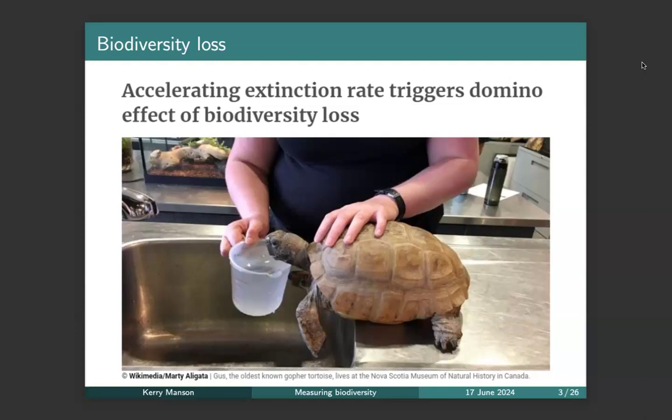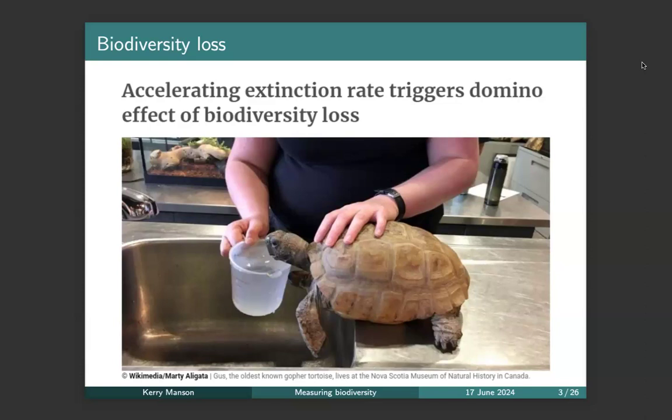Often though, when you look into these articles and what research is behind them, there are some things that are common in terms of what biodiversity is being measured. Often it's abundances of species, so how many actual individual organisms there are in each particular species.